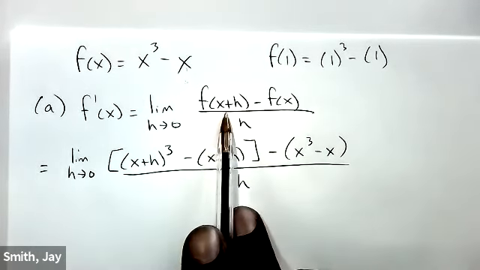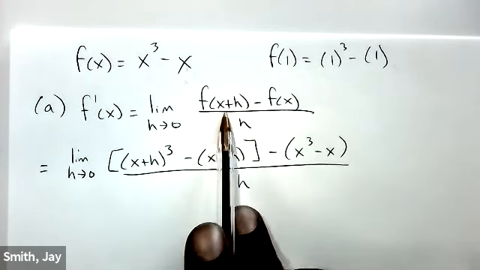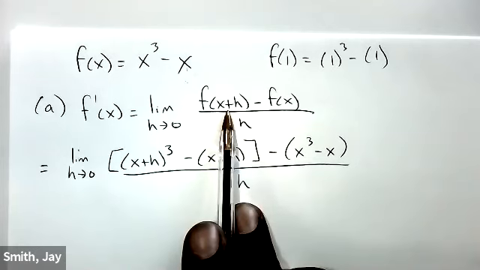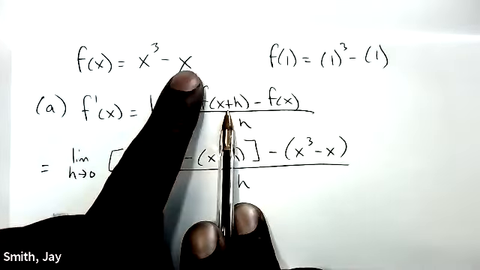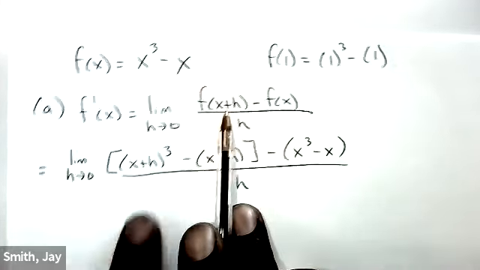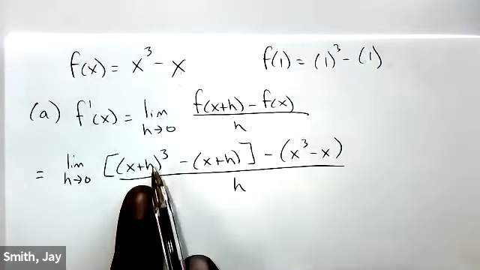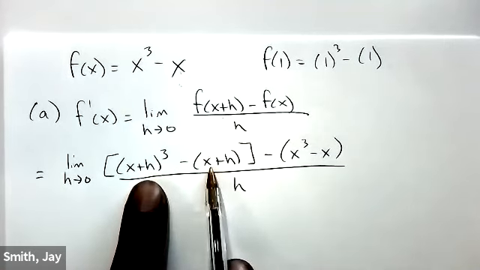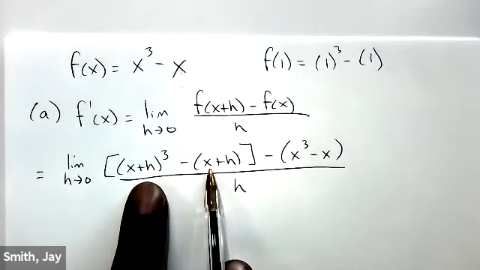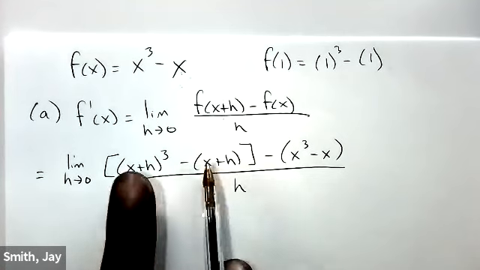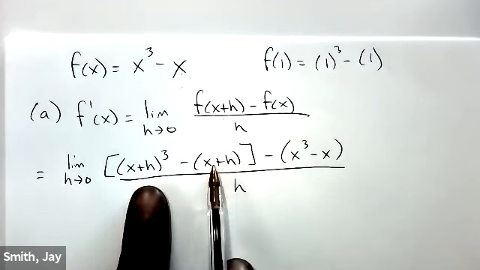So when I'm asking in this limit definition to evaluate f of x plus h, all we're doing is substituting x plus h in for every x in f of x, which is confusing to the ear, but essentially here and here, we're plugging in x plus h. This is f of x plus h, which is x plus h cubed minus x plus h. At the end of the day, we're still substituting. It really sounds confusing to the ear, but if you look at what I'm saying, it makes sense.